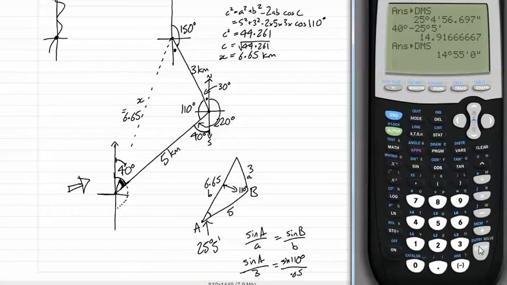And we have this angle here of 14 degrees 55 minutes. And because that's east of north, our final bearing is north 14 degrees 55 minutes east for how far? 6.65 kilometers.